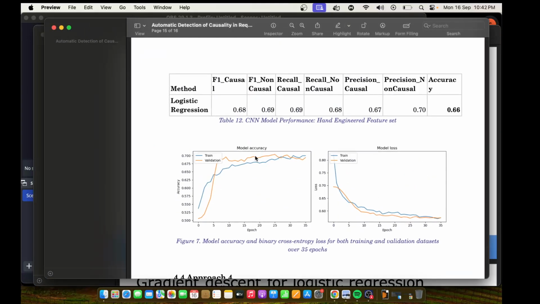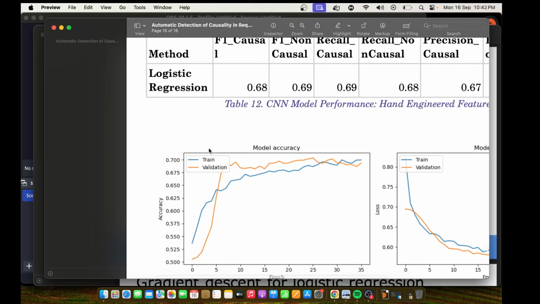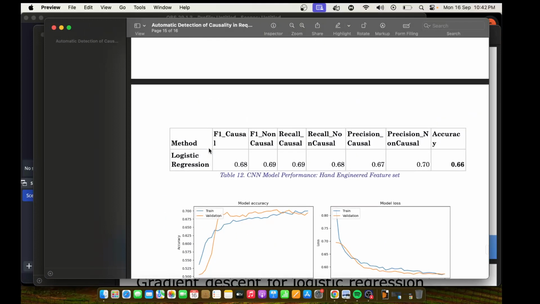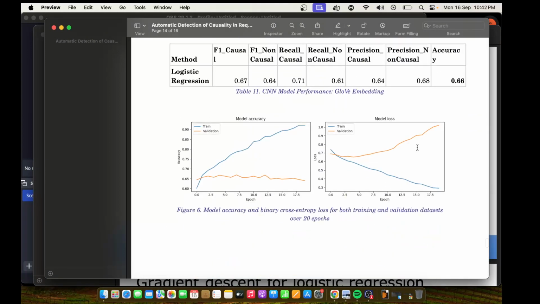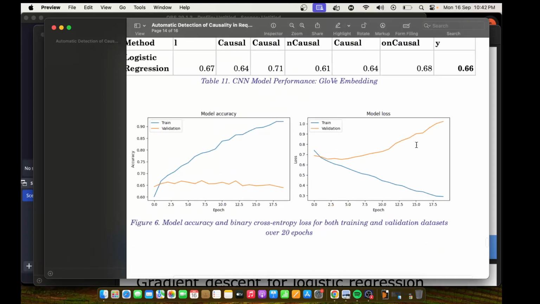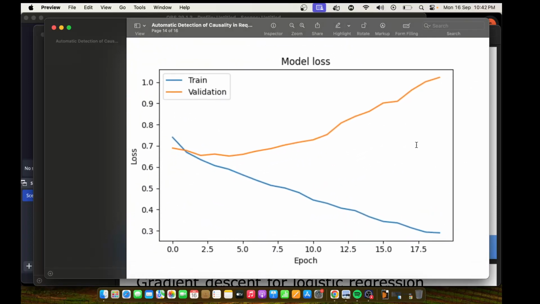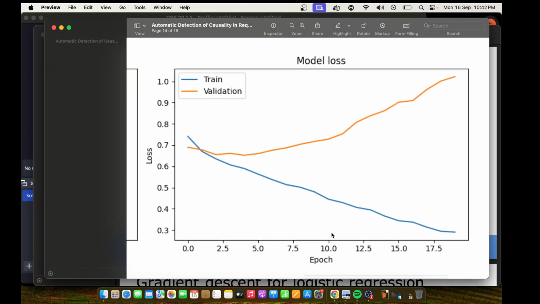So in this case, if you look at the loss function for the training data, you're able to see that it is decreasing. But for validation, okay, we'll come to validation also later on, let's just say that this is the test data set, you can see that the loss is increasing.